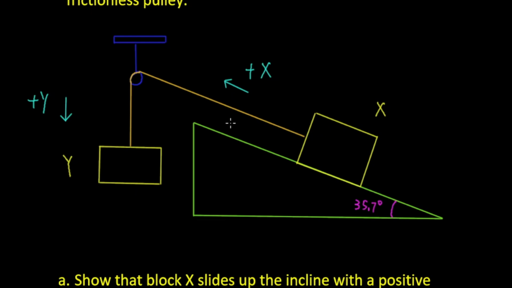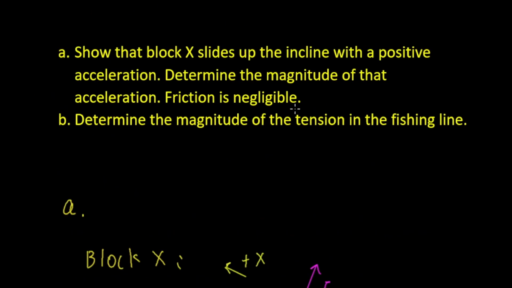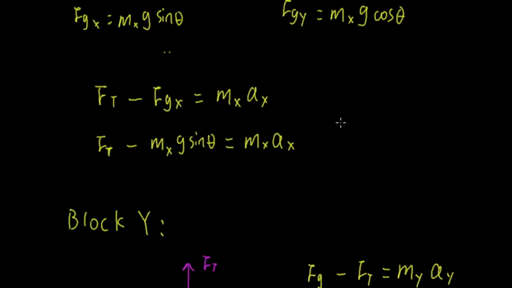That's a frictionless pulley here. So whatever acceleration y is experiencing is the same acceleration that x is experiencing. So the magnitude of the acceleration will be the same for both blocks, although the directions are not the same. So for these two equations here, I can take away the subscript.